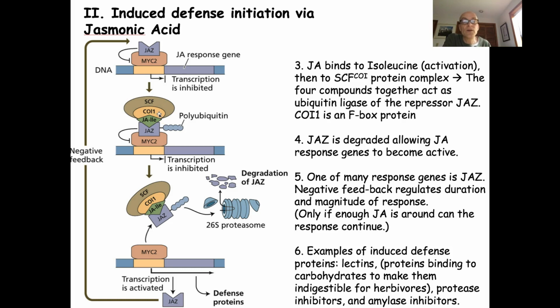The way they degrade their targets is by binding to them and then adding what's called a polyubiquitin tail to the target. Polyubiquitin is a small peptide. And when it's bound to anything, it's sometimes referred to as the kiss of death. What happens when polyubiquitin is added to a protein is that the entire protein is mobilized and moved to the 26S proteasome, which degrades proteins.